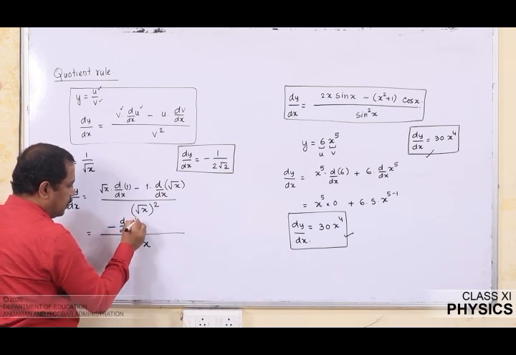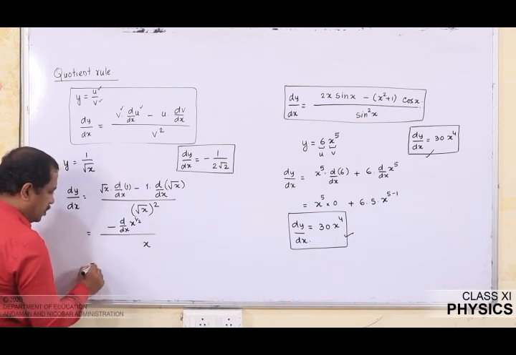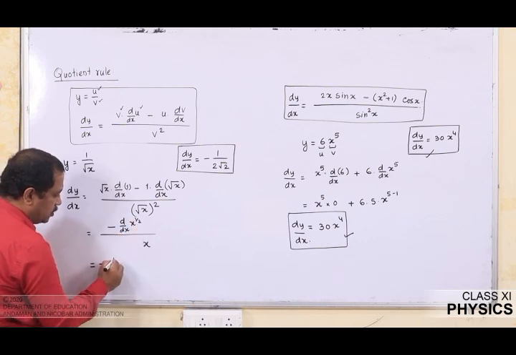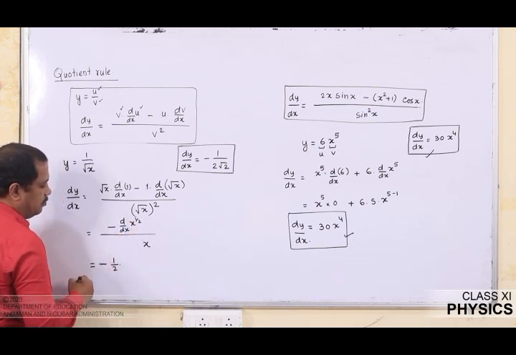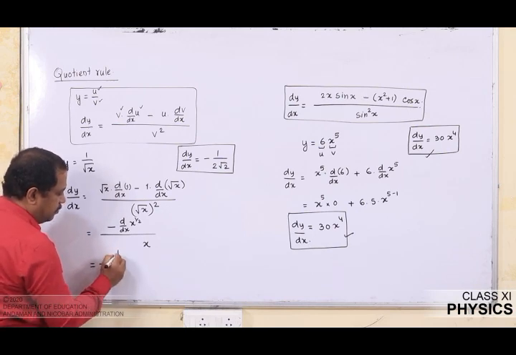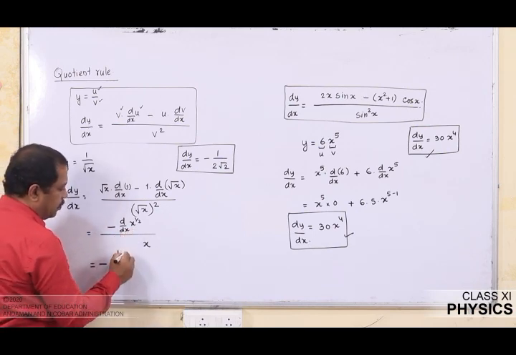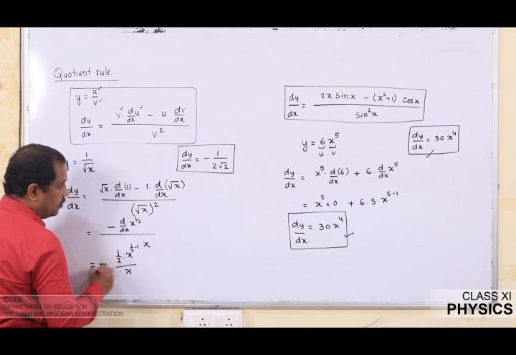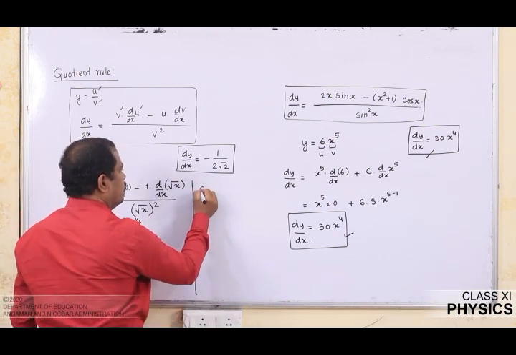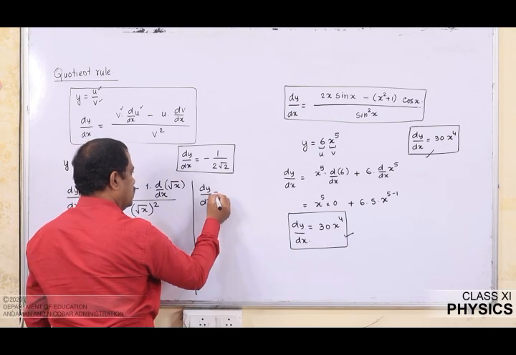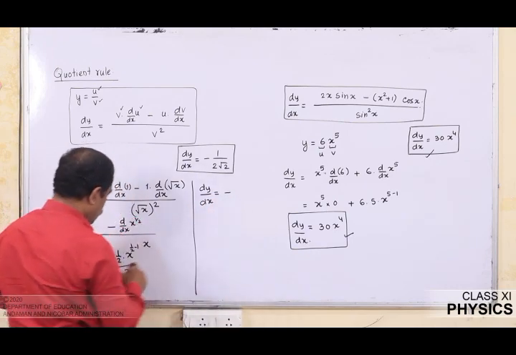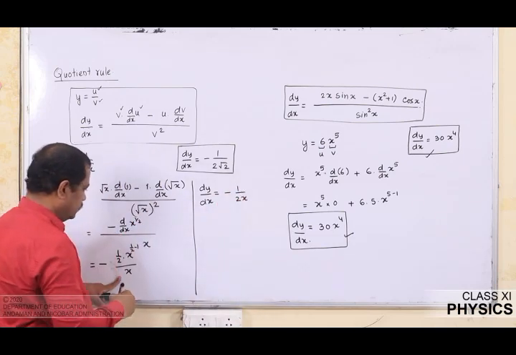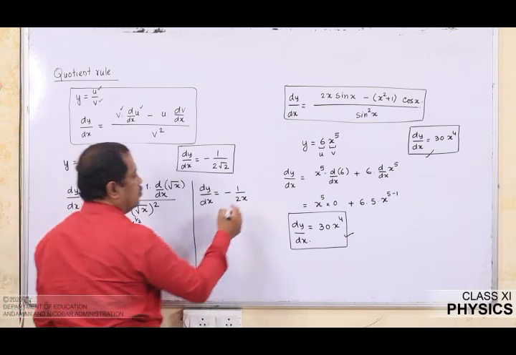This is x power 1 by 2, so it can be written as minus d by dx of x power 1 by 2, which is power times x power 1 by 2 minus 1, all over x. So dy over dx is equal to minus 1 over 2x, x power minus 1 by 2.